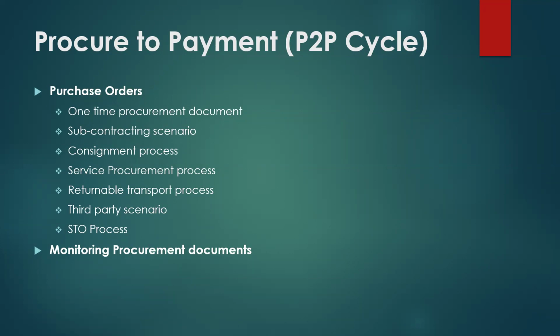Once the document reaches the vendor, we have to remind them regarding delivery timing and all. This process is called the dunning process, and that is monitoring procurement documents.